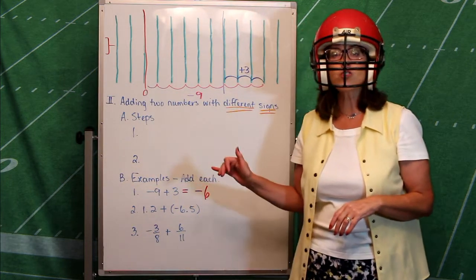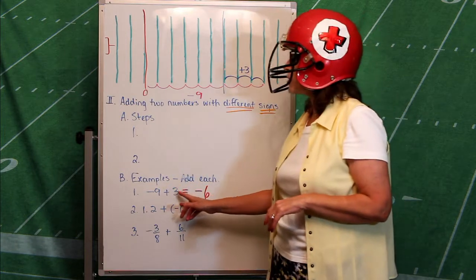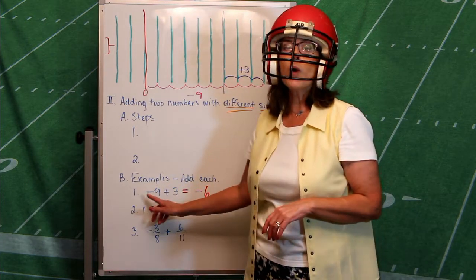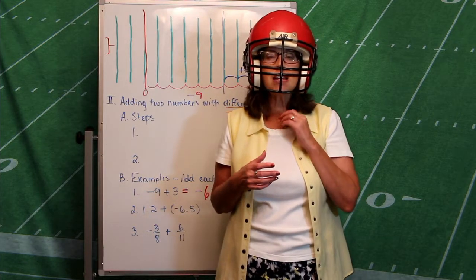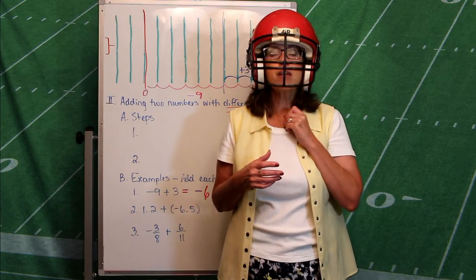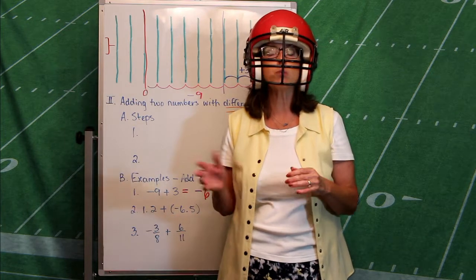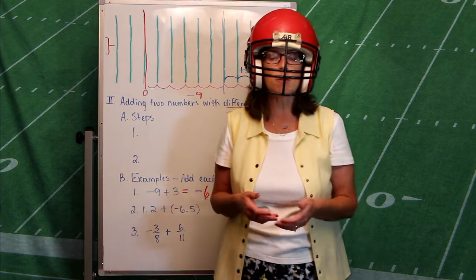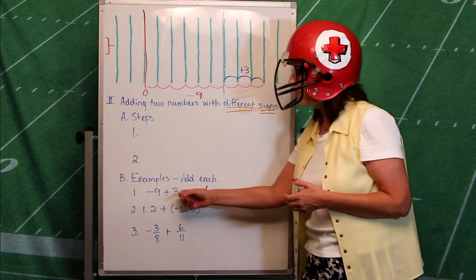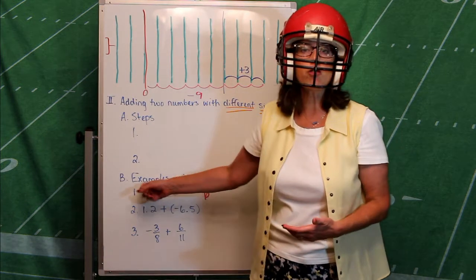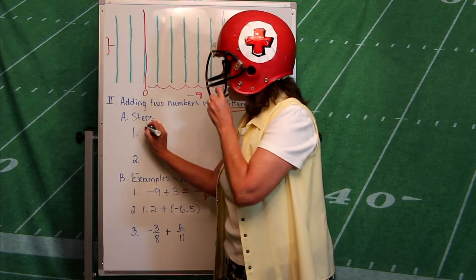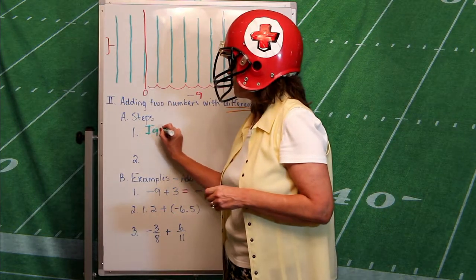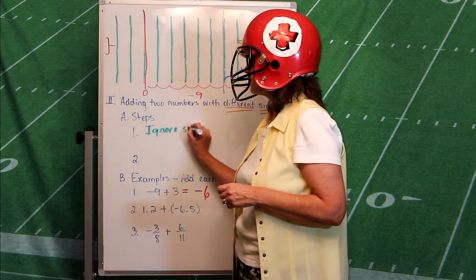Here, when we ignore the signs, what happens is we take the smaller digit away from the larger digit. Yes, that is subtraction, but I hesitate to use the word subtraction because that gets to be a little bit confusing for people, especially when we start subtracting signed numbers. So what I like to say is take the smaller digit from the larger digit. So let's write that down as our first rule. Ignore signs. Very important that we do that.